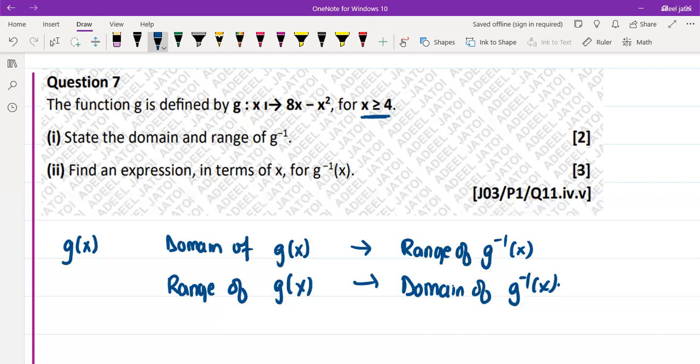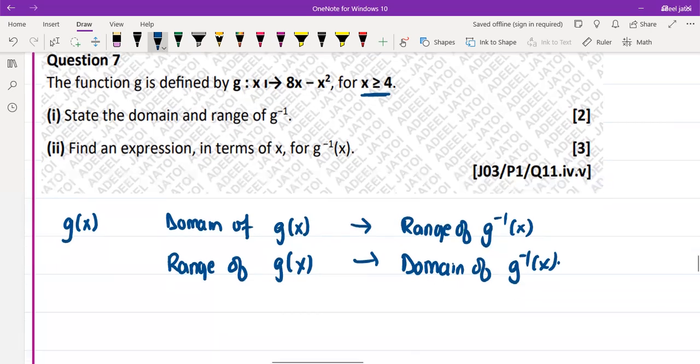Because of a one-to-one function, because of the inverse, the relationship is a reflection in y equals x. When the relationship is a reflection in y equals x, the coordinates interchange. So obviously domain becomes range and range becomes domain.